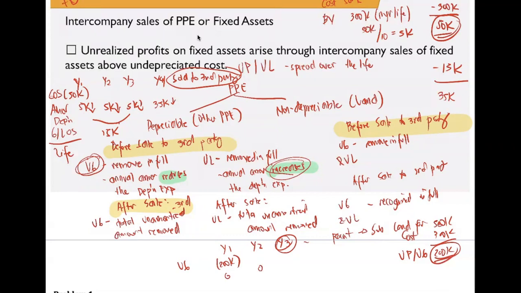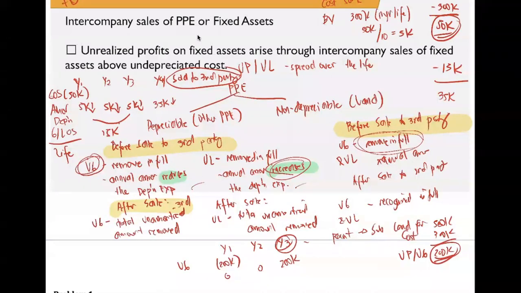Napansin nyo ba yon? Dito, remove in full, tas may annual amortization. Ayan. Pero dito, remove in full lang. Walang annual amortization. Okay? So on year 3, nabenta siya. Sabi natin, after sale, you recognize in full. So year 3 siya nabenta, you can now recognize in full 200,000.